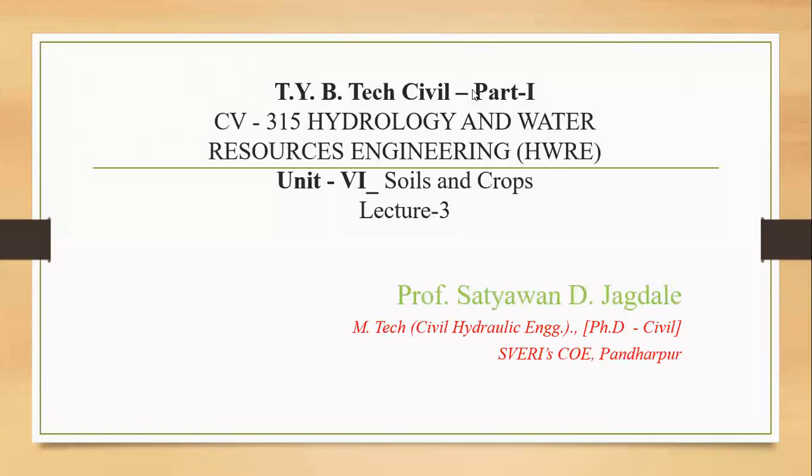In the previous lecture, we had seen the relationship between the available water, or the moisture depth in the soil, to the crops and its relation with the readily available moisture and optimum moisture content.